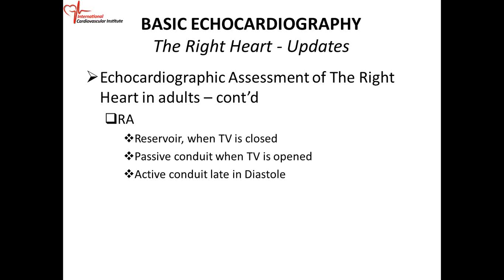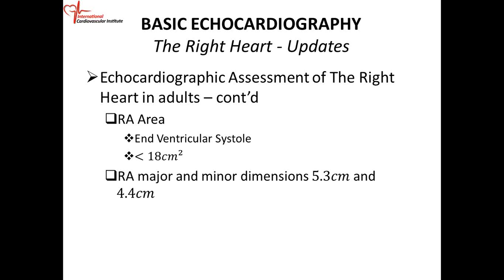And then it has an active conduit phase where it contracts to force blood into the RV. So those are the main functions of the right atrium. Remember, I showed you how to trace the right atrial area, and it should be a routine part of your study.